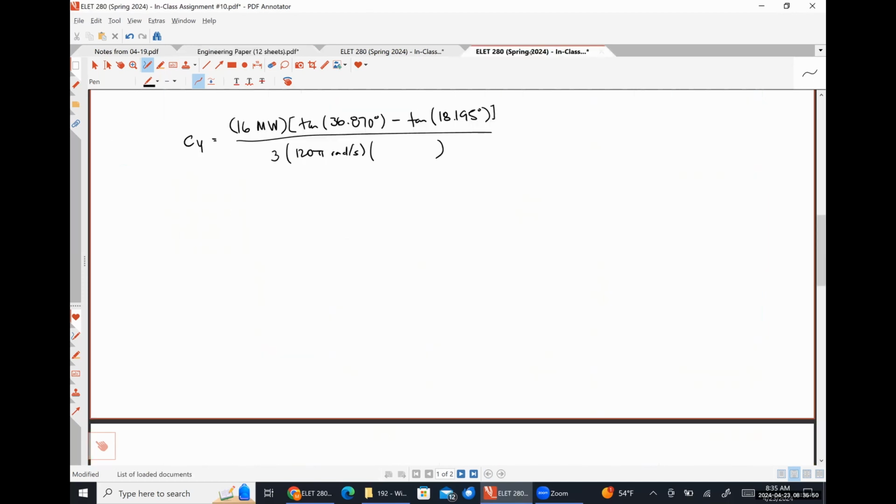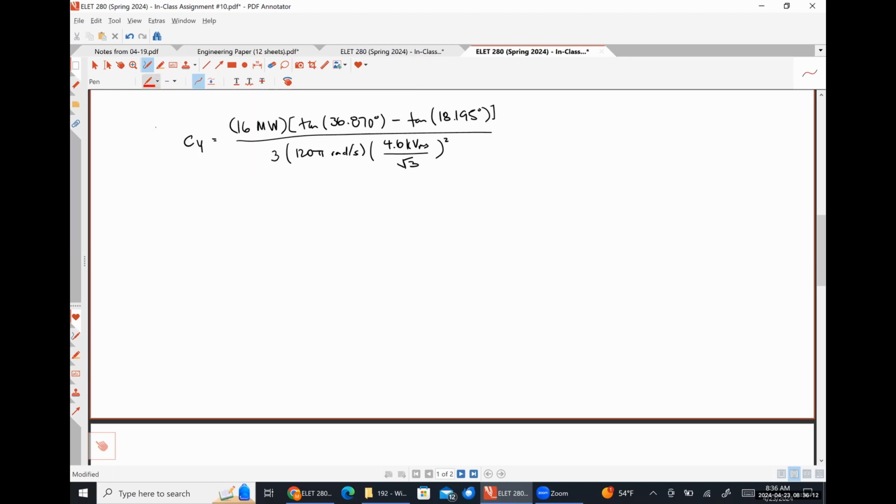So if we come back over here, this would be 4.6 kilovolts RMS divided by root 3 squared. Now I want you guys to notice something here really quickly. What's the square root of 3 squared? 3.